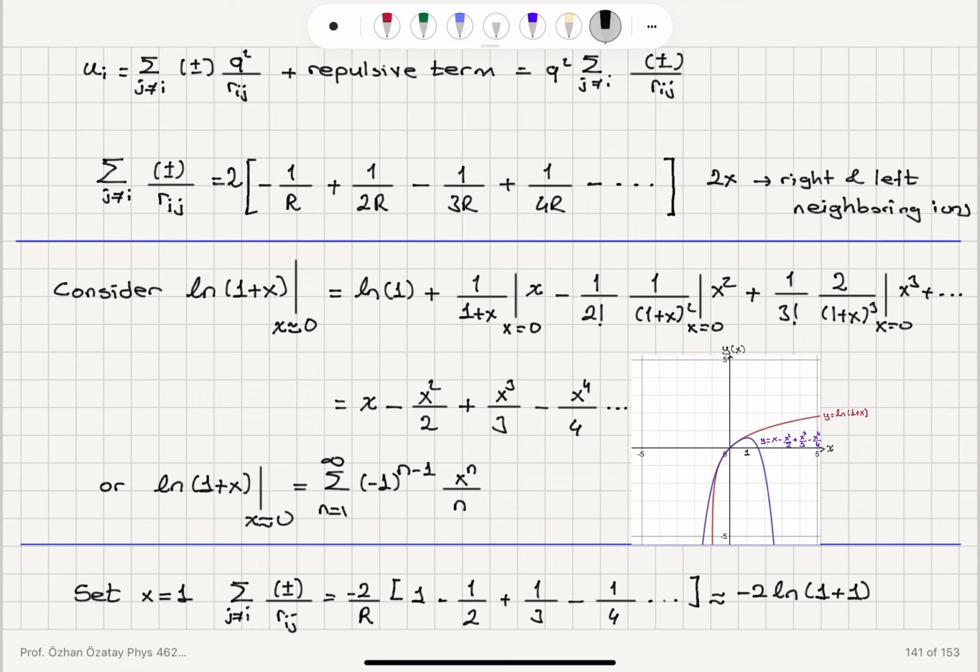So I evaluate natural logarithm 1 plus x at 1. And that basically gives me this approximation divided by capital R. So I can see that this is minus 2 natural logarithm 2 divided by capital R.